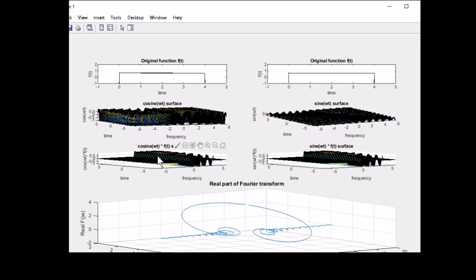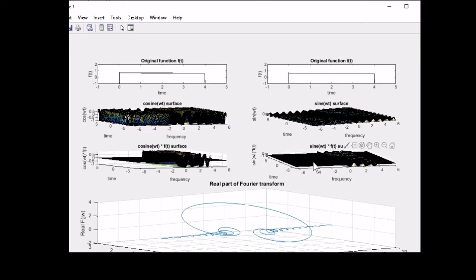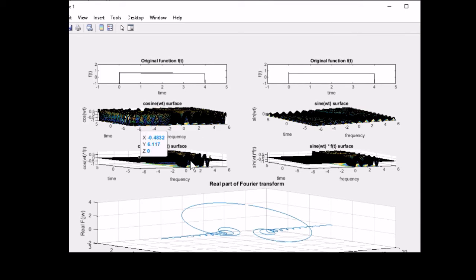That's the cos omega t times f of t, so that's the modulated surface, and then there's the f of t multiplying the minus sine omega t surface, so that's the other modulated surface. And then when you form the integral, you get the real part from the cos omega t f of t, and you get the imaginary part from the sine omega t f of t.